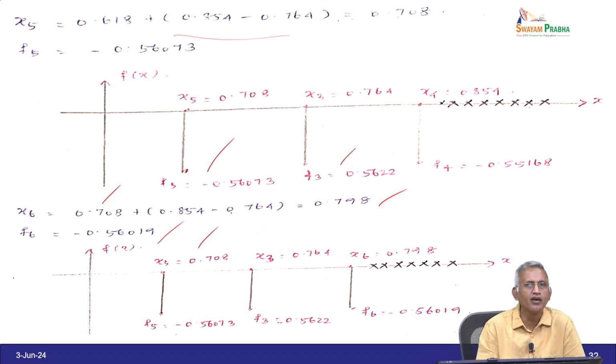So, x5 we got, f5 also we got, x3 0.764 and f3 is 0.5622, x6 is 0.798 and substituting in the given function, f6 equal to minus 0.56019. Now, compare them: all the values to 2 decimals are equal.